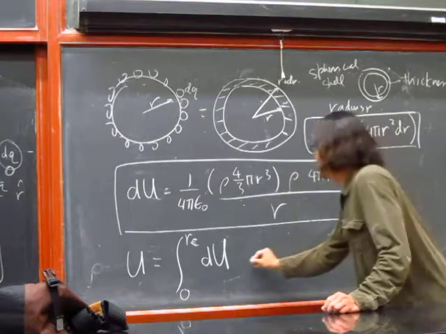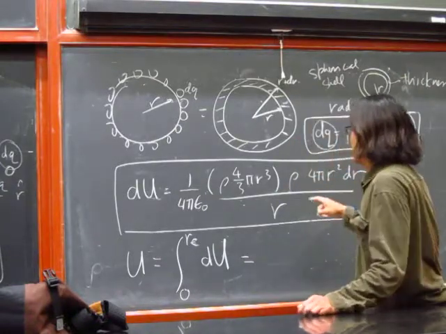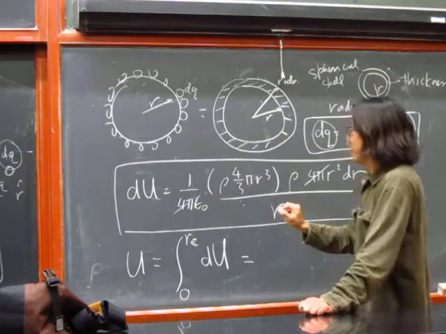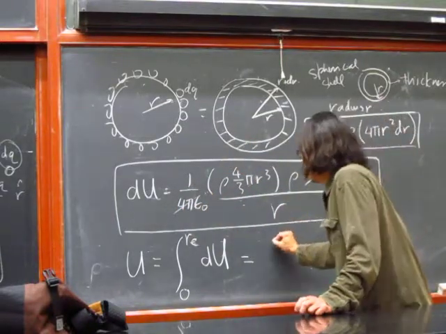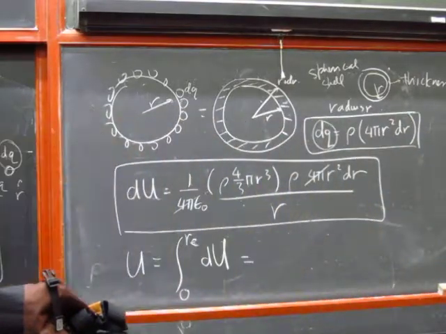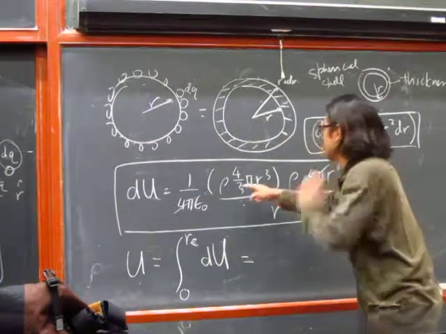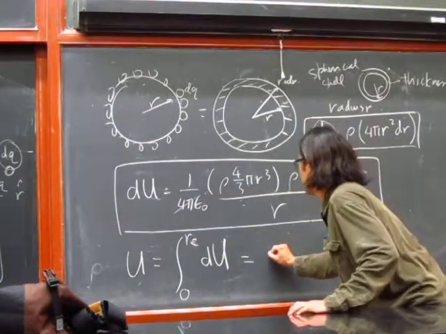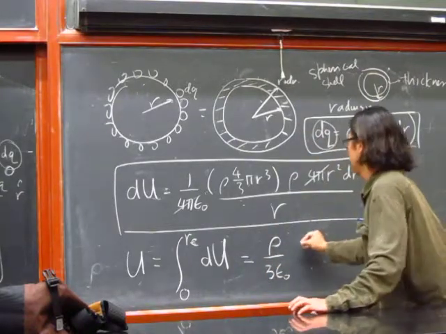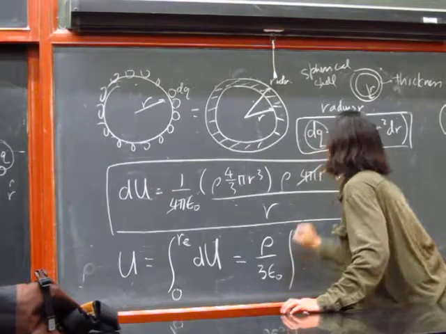So this becomes, some of the 4 pi cancel, this 4 pi cancels that 4 pi. Then I have rho over 3 epsilon naught times an integral.